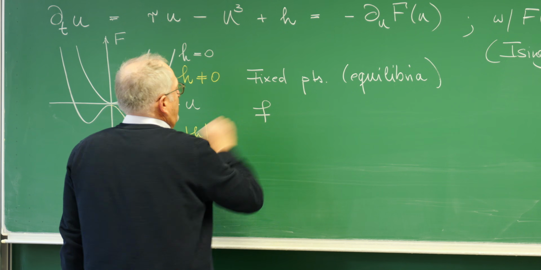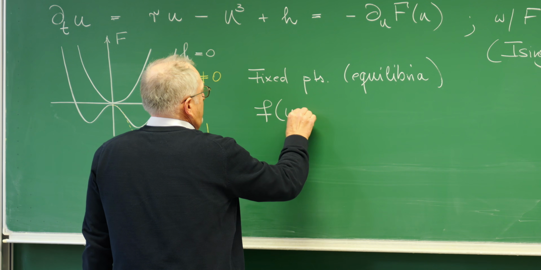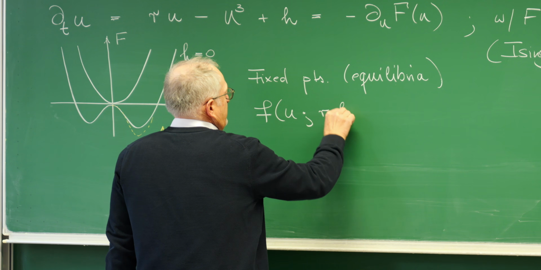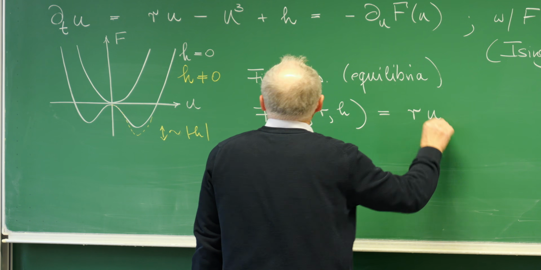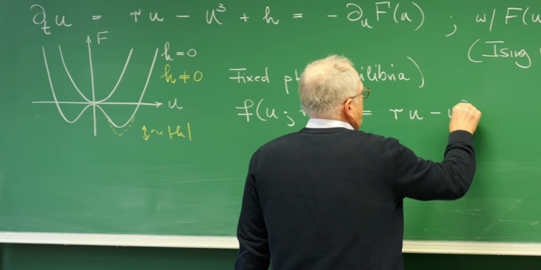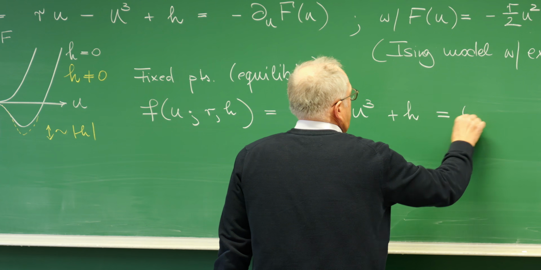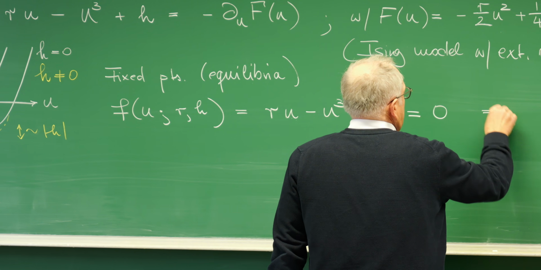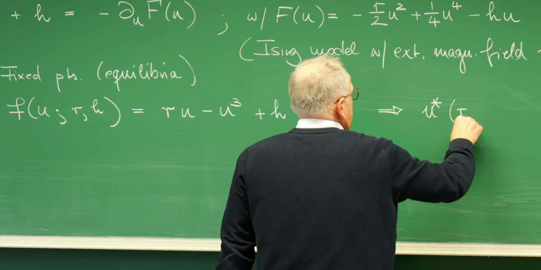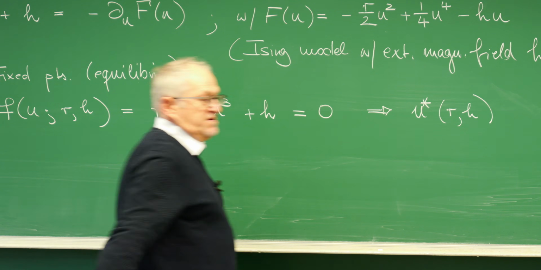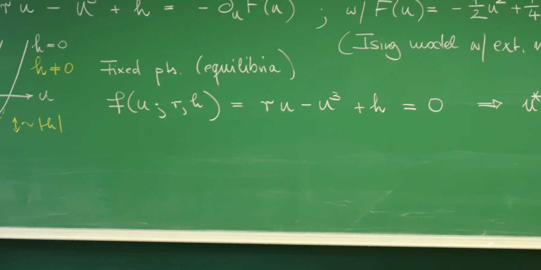So we have this function little f, which is a function of u and also of the control parameters, which is r times u minus u to the third plus h. And I want this to be 0, and then I will get the fixed point values, and I will get them as a function of the control parameters, which are r and h.